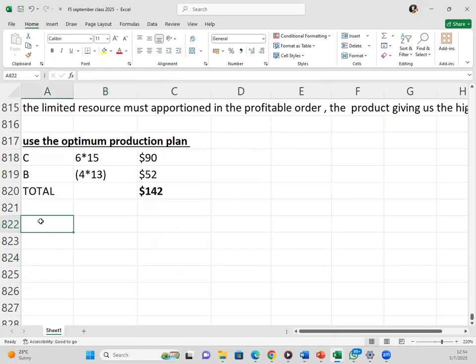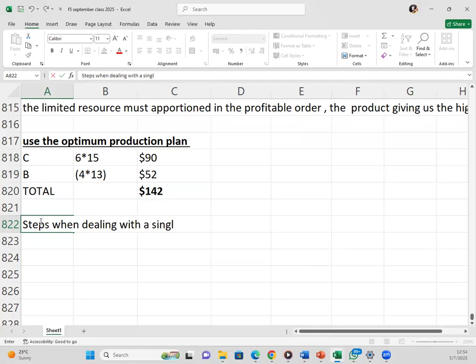Steps when dealing with a single product limiting factor. So step number one is to determine which resource is the limiting factor, which resource is in short supply.